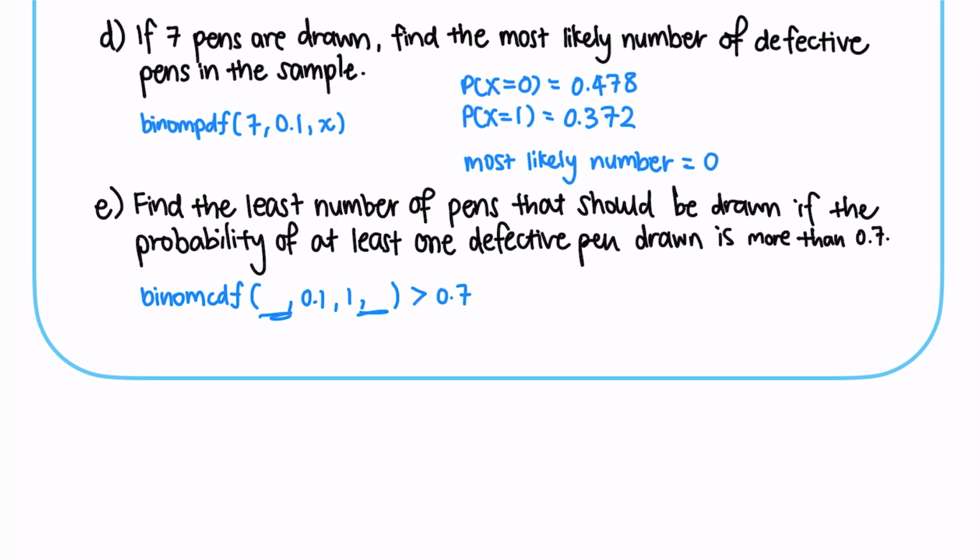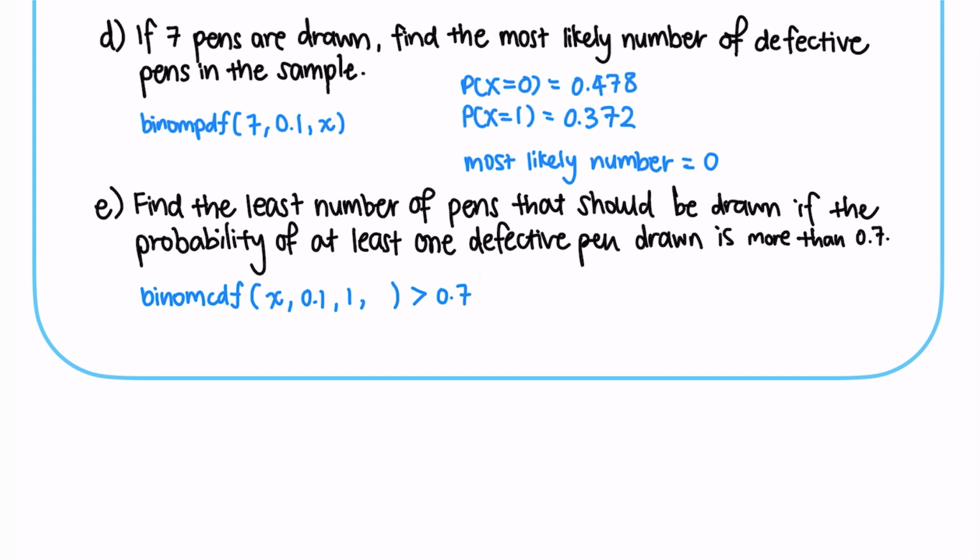Now we have two things that we're leaving out here. This is the number of trials. But actually what we're doing is varying our number of trials. We're trying to find the least number of pens. Earlier, we were varying the number of defective pens that we're going to draw, and that's why we put an x here.